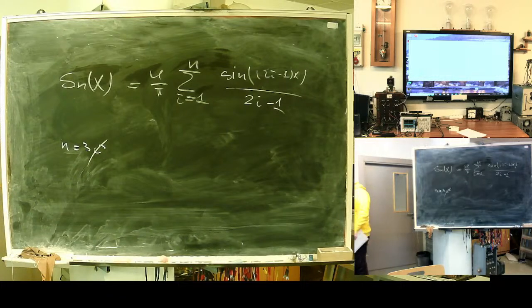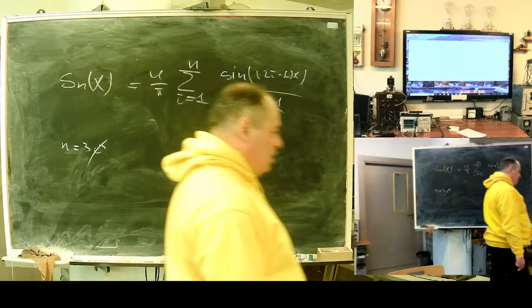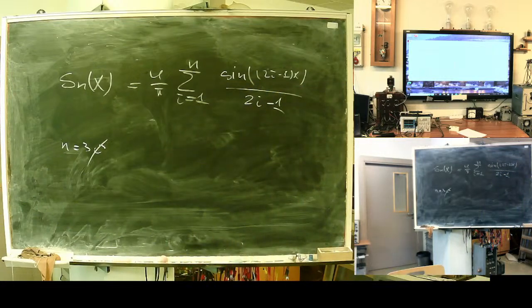Physical generator produces only 5, so it's n equals 5, and the yellow line we saw before was Sn at n equals 5. Now we have 3.